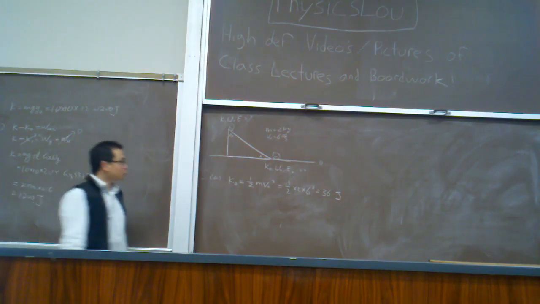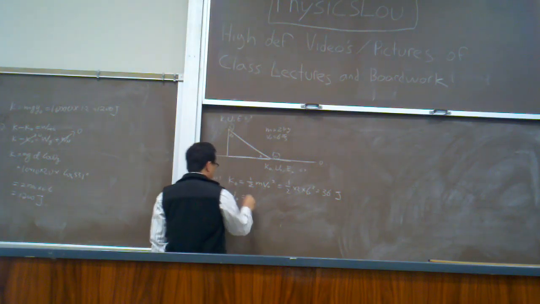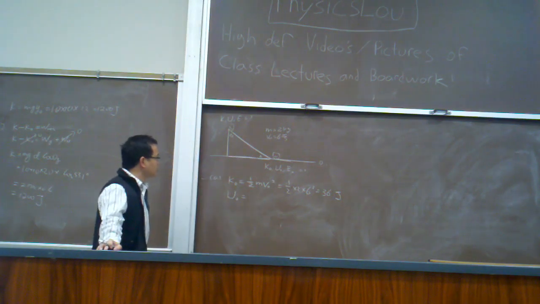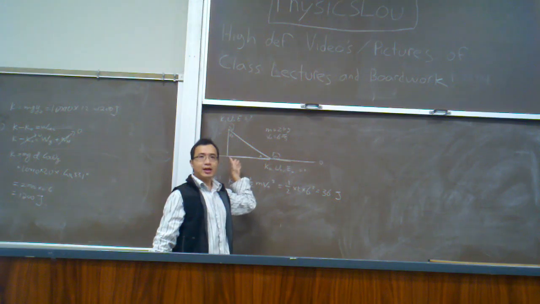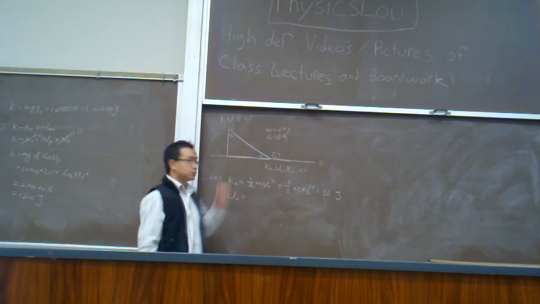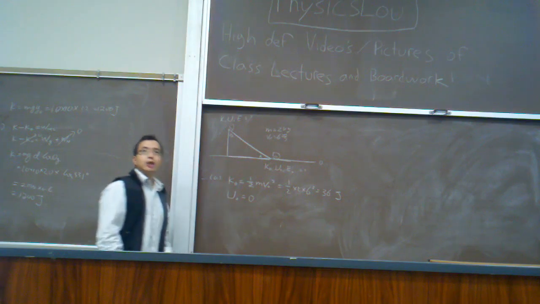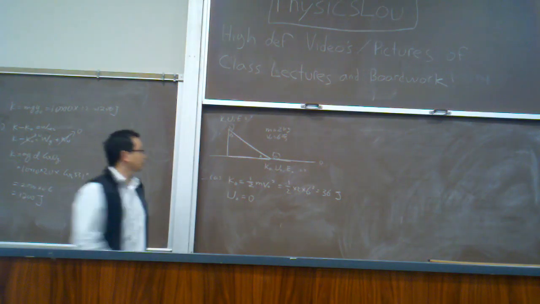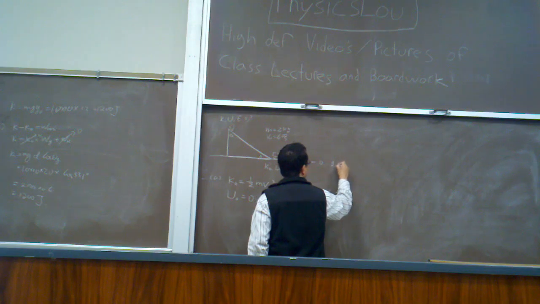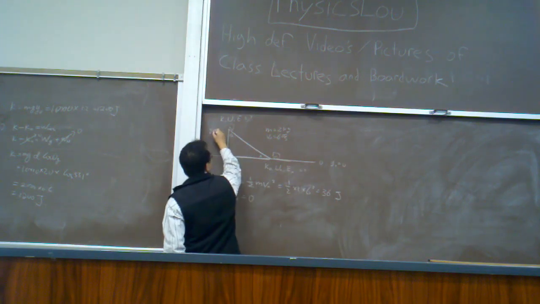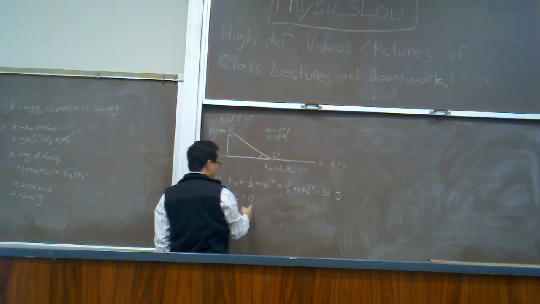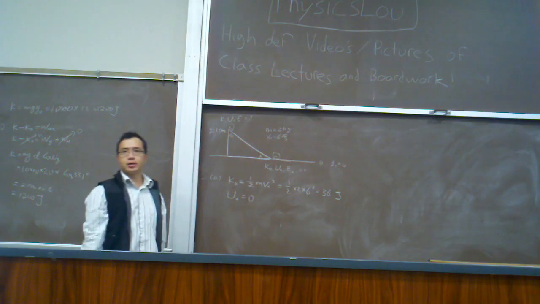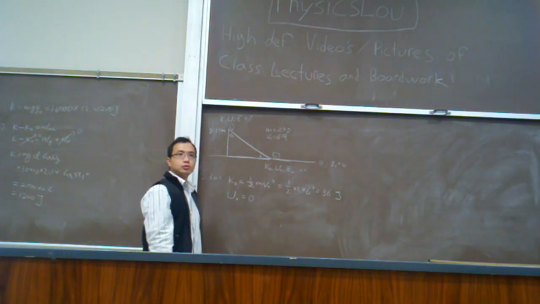So that's K naught, the initial kinetic energy. Now let's look at U naught. Can we calculate it from the definition? The initial potential energy is mg y naught, and y naught equals 0, not the height of 1.5. So U naught can be directly calculated as 0 joules by definition.